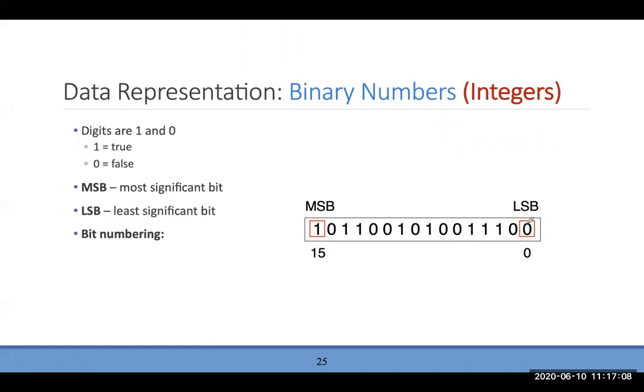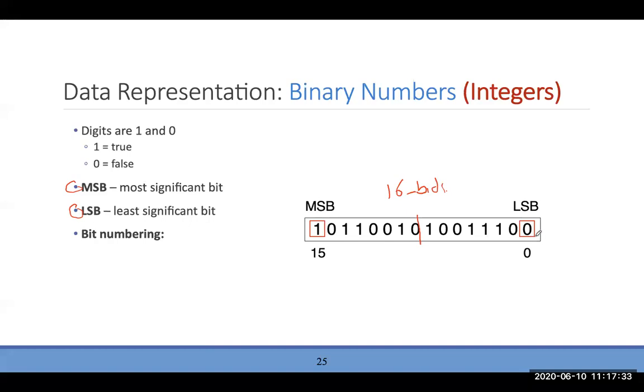So if you count the bits right here, 1, 2, 3, 4, 5, 6, 7, 8, that is the first byte. And this 1, 2, 3, 4, 5, 6, 7, 8, that's the second byte. So this is like a 16-bit computer. If you look at the bit right here, this is what you call the most significant bit. That actually stands for the sign. Here is the least significant bit, the one at the bottom.